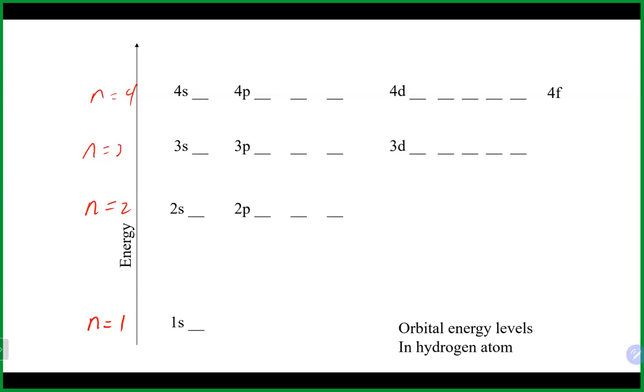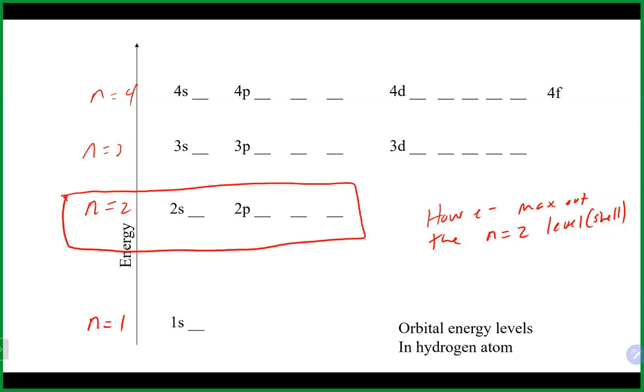By the way, just a couple of questions before we move on from that. How many electrons can I put in there to max out the n equals 2 level or shell? So n equals 2 level or shell means any orbital that is sitting on that particular energy level.